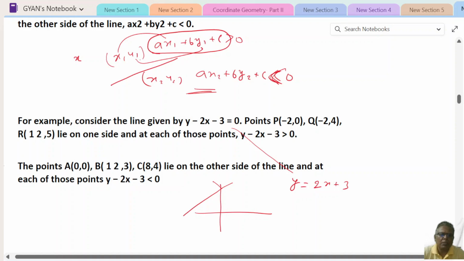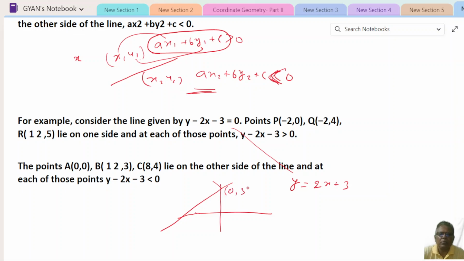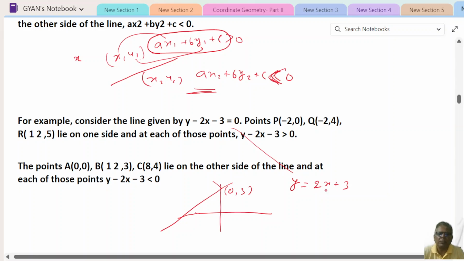Putting x is equal to 0 gives y is equal to 3, so the point is (0, 3). Putting y is equal to 0 gives x is equal to minus 3 by 2, so the point is (minus 3 by 2, 0).